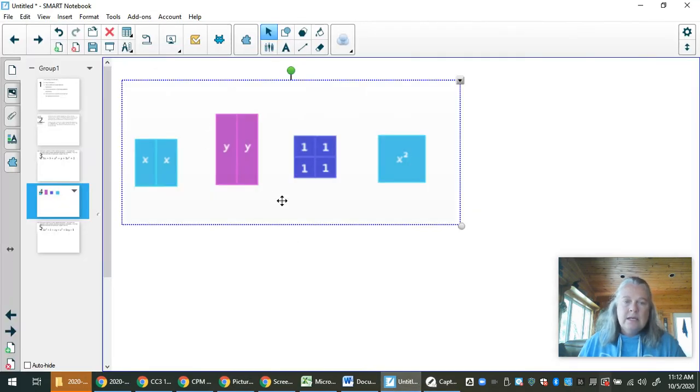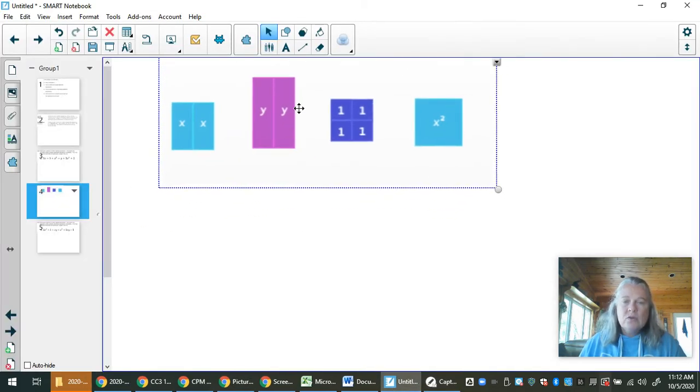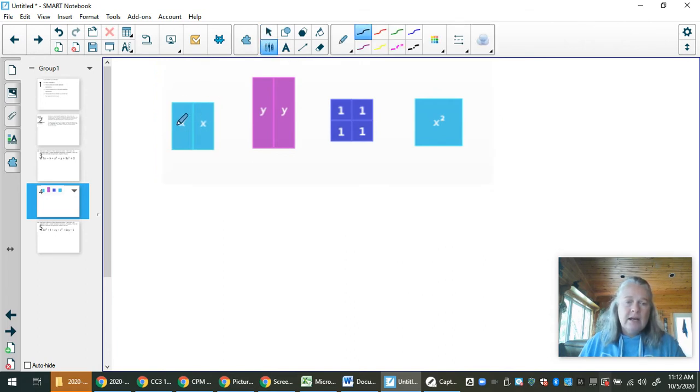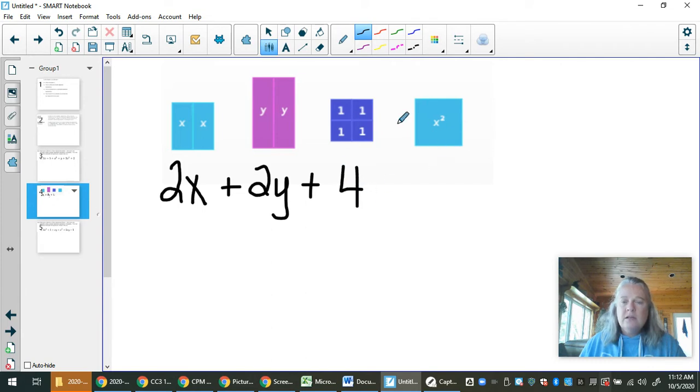So if I want to name this whole collection of tiles, I just write down what I have. I have 2 X's plus 2 Y's plus 4 1's plus an X squared.